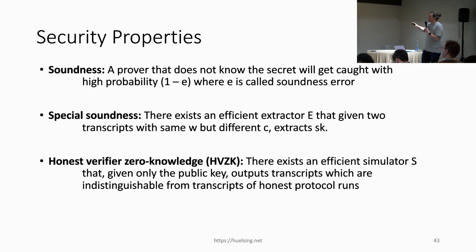So the simulator should be able, given only the public key, not the secret key, to produce transcripts which are indistinguishable from the ones that actual protocol executions generate. Right? So if this is possible, then this actually says that an honest verifier will not learn anything about the secret.